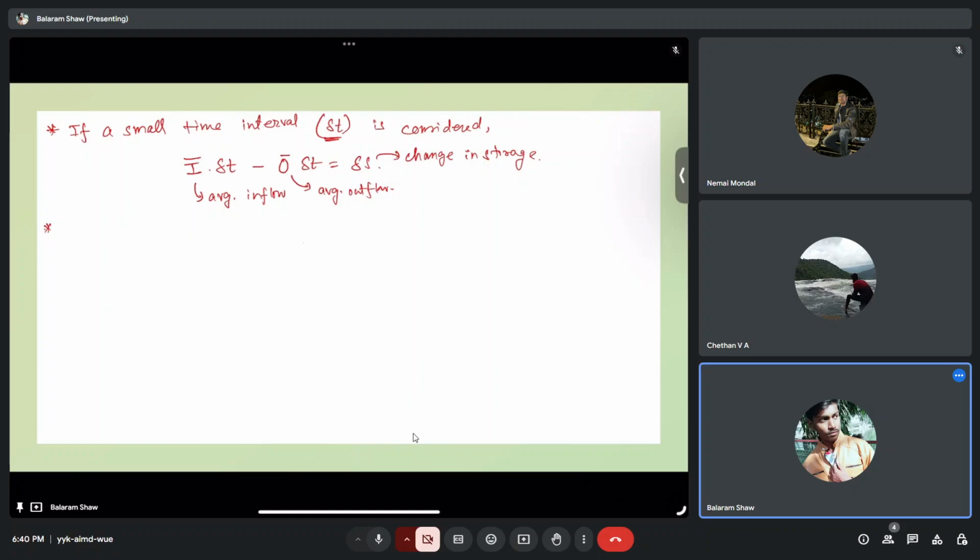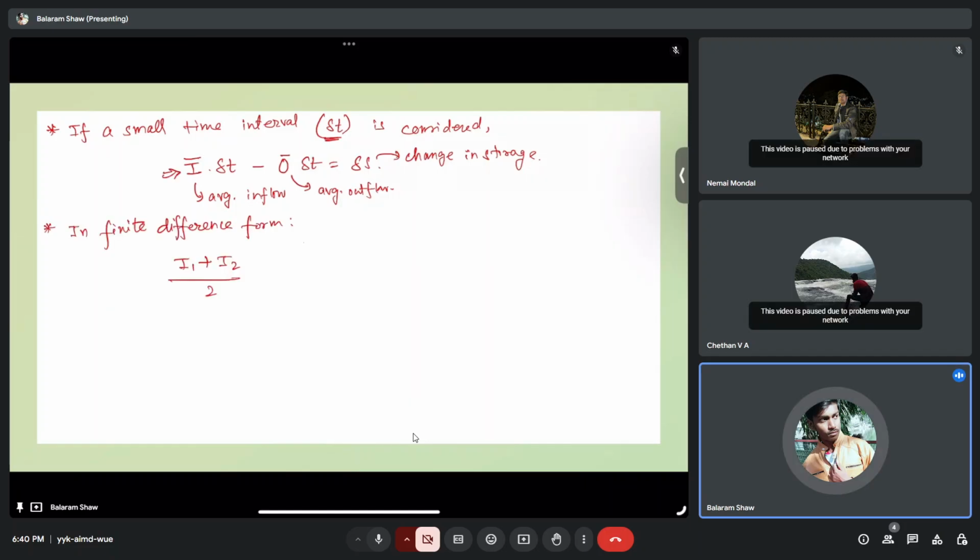So we can write that as I1 plus I2 by 2, the beginning inflow and the final inflow. So I1 plus I2 by 2, the average, into the small time interval del t, minus O1 plus O2 by 2 into del t, equals S2 minus S1, right?